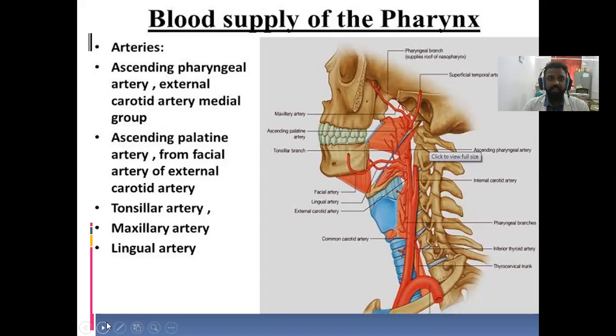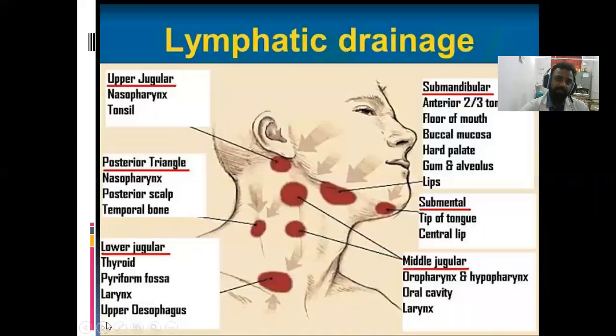We can appreciate these in the picture. These are the blood supply of the pharynx.